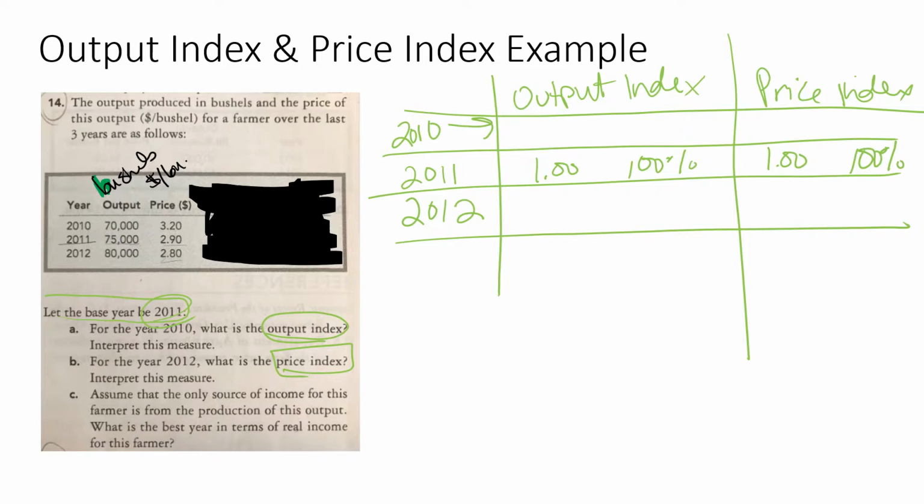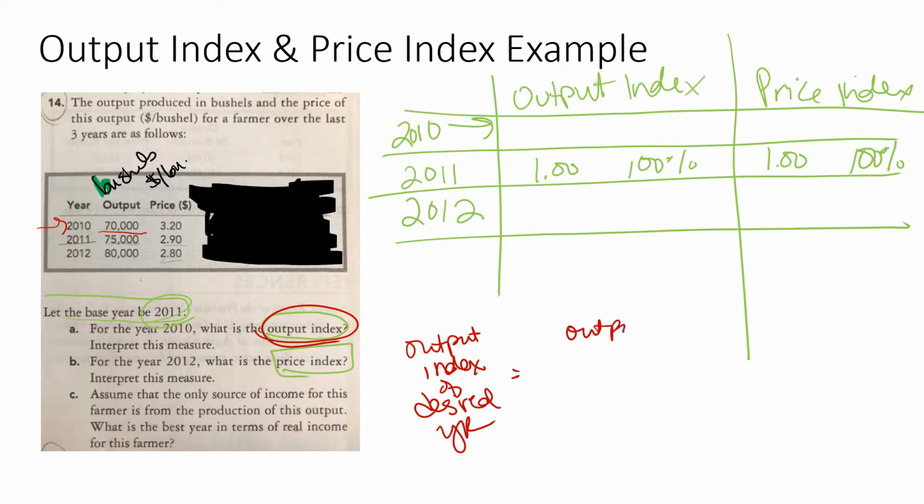Okay, so the first question asks, for 2010, what is the output index? Well, output in 2010 was 70,000. So if you recall our equation, output index of desired year equals output of desired year divided by output of base year.